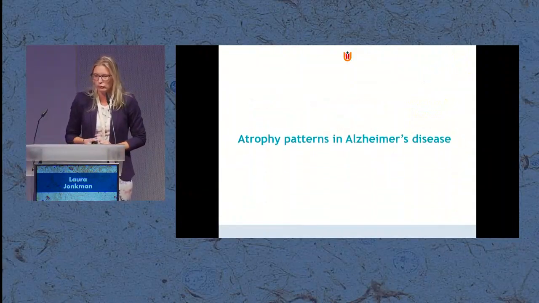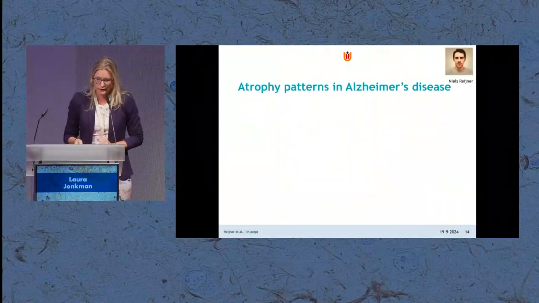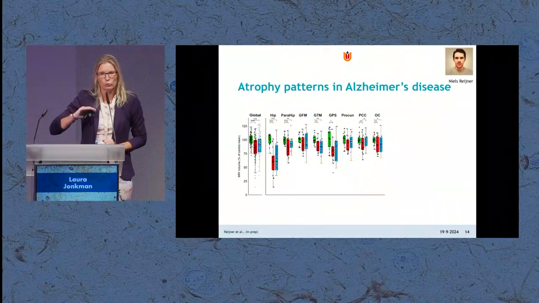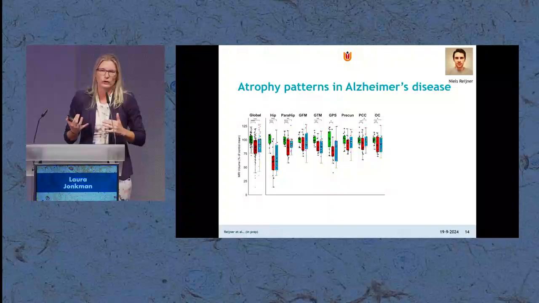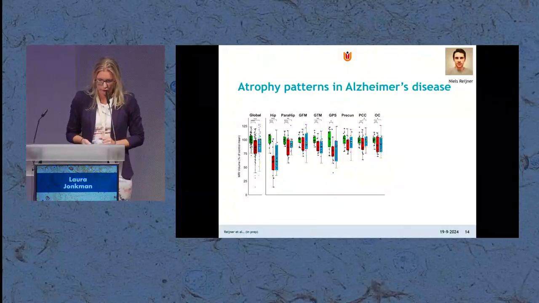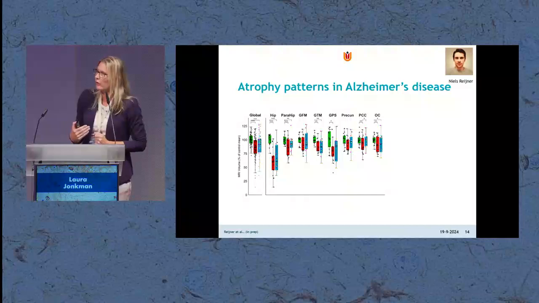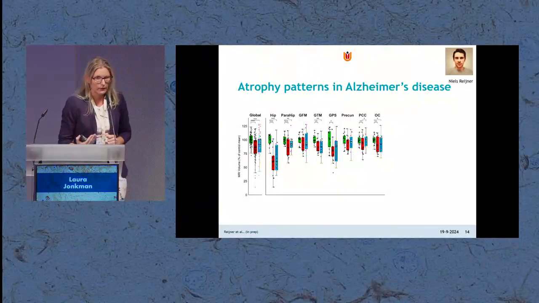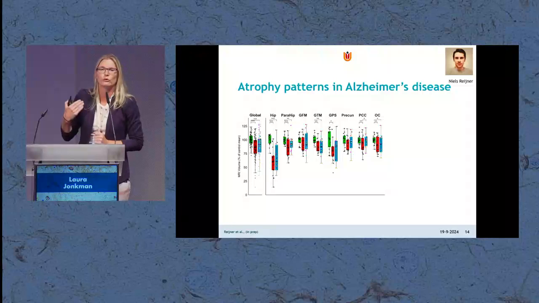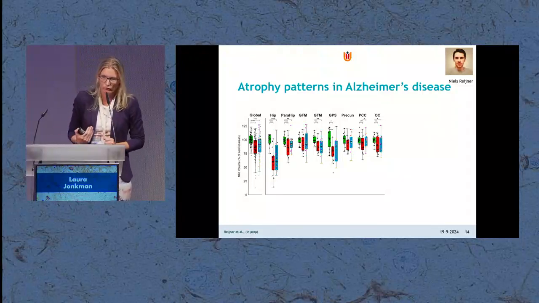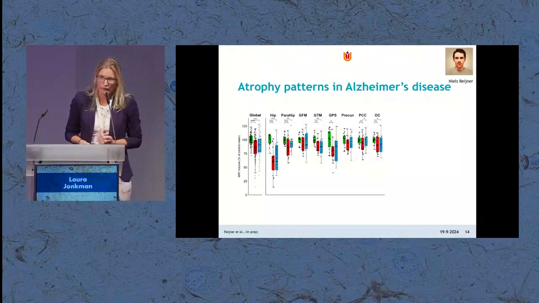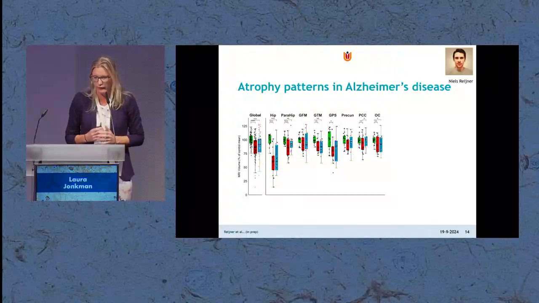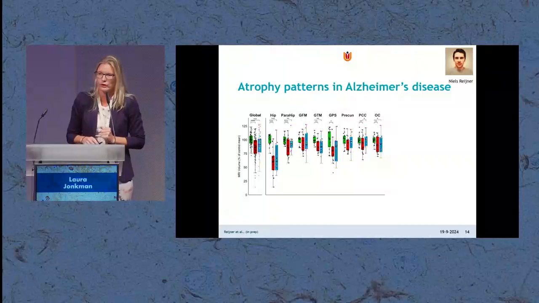One of the PhD students looked at this, and he looked at different cortical regions for which we had tissues sampled, and he saw different changes in atrophy. For this study, we included amnestic patients, so typical Alzheimer's disease, but also more non-amnestic patients, for instance with behavioral or visual-spatial problems, or language-dominant types of Alzheimer's disease, and tried to see if there were some changes in there.